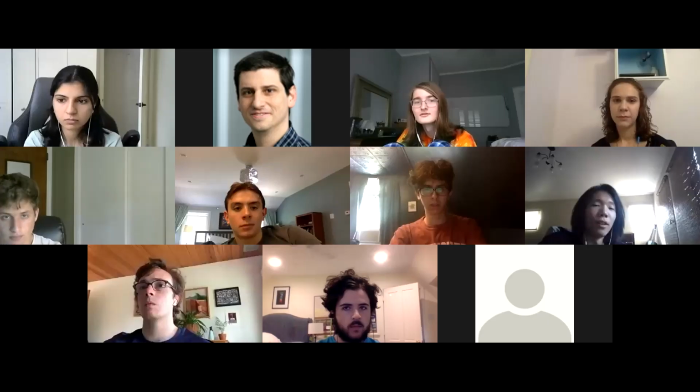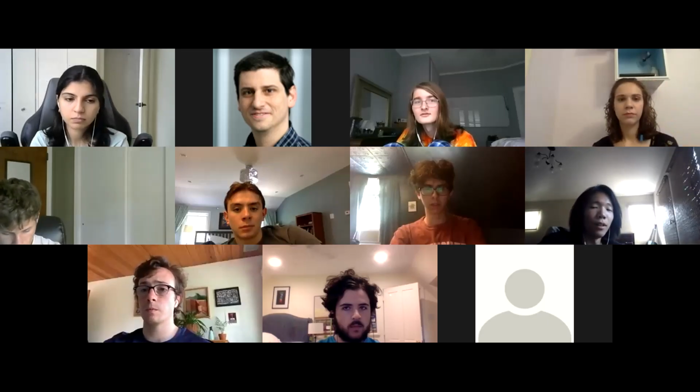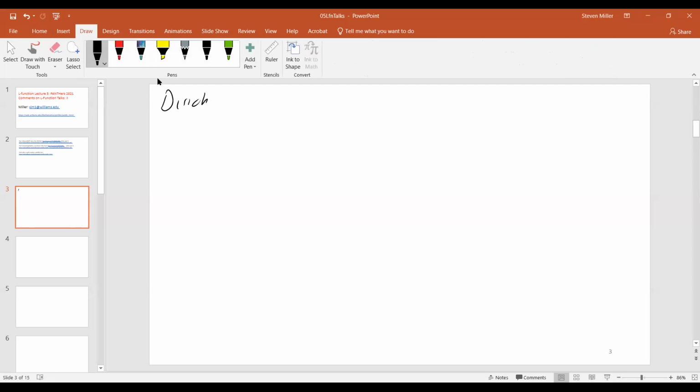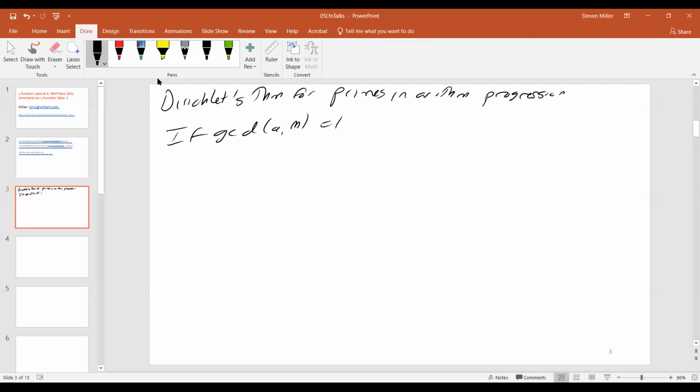It just says that for any number m, there are infinitely many primes mod a, where a is relatively prime to m. Excellent. So if the GCD of a and m equals 1, then there exist infinitely many primes p congruent to a mod m.